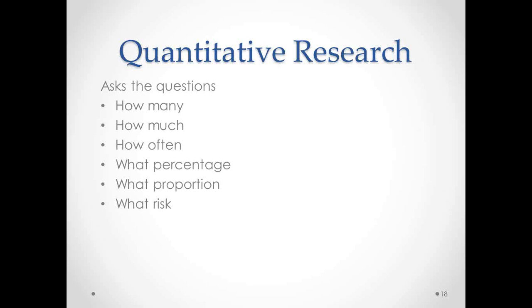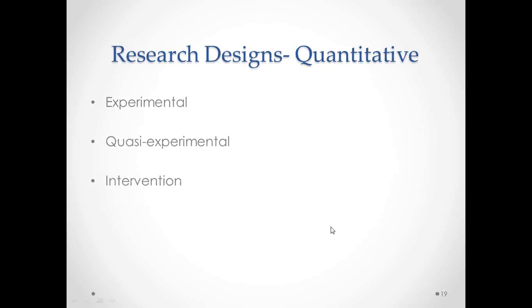So just because it's got numbers and statistics in it doesn't make it positivist, but if the overarching research aim is to establish how much, how many, how often, then it will tend to come from a quantitative paradigm. And so the research designs tend to be experimental, quasi-experimental, and evaluative, looking at interventions.